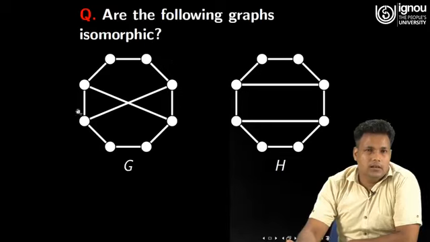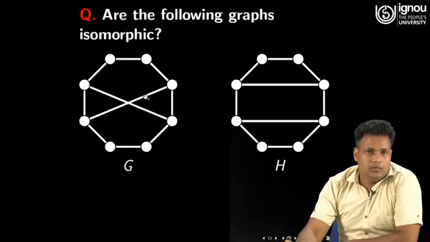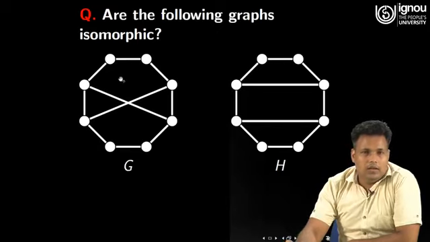There are 10 edges here and there are 10 edges here. The maximum degree of G is 3 and the maximum degree of H is also 3. The minimum degree of G is 2, the minimum degree of H is 2. And so, are they isomorphic?